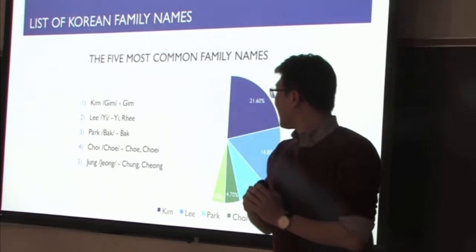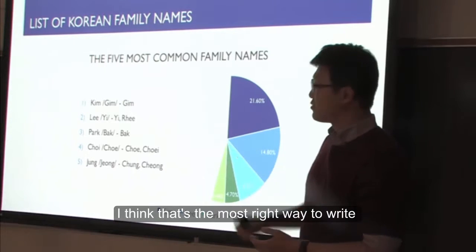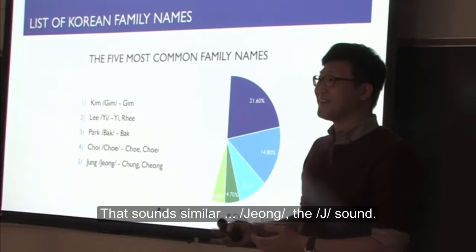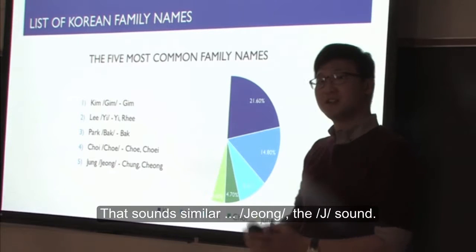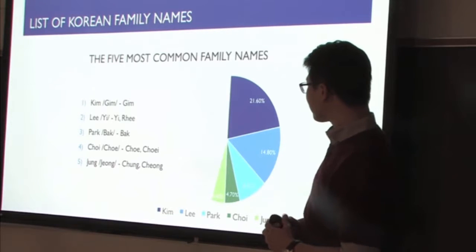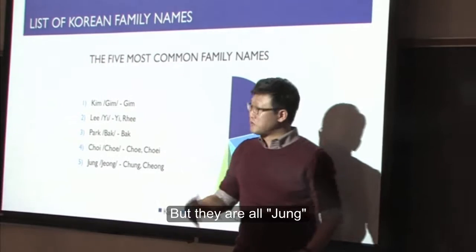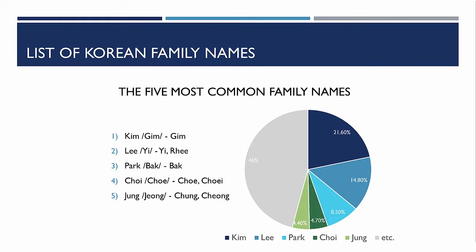Yes. And Jung, I think that's the most correct way to write it, and the sound is similar. It's Jung, the J sound. Some people write it Chung, like here, but they are all Jung. Yes.